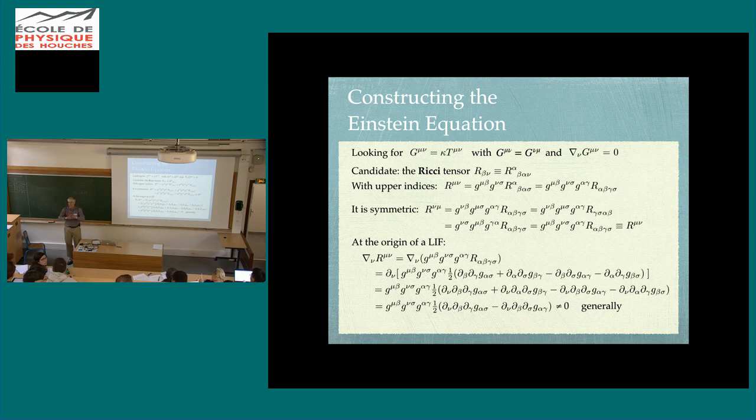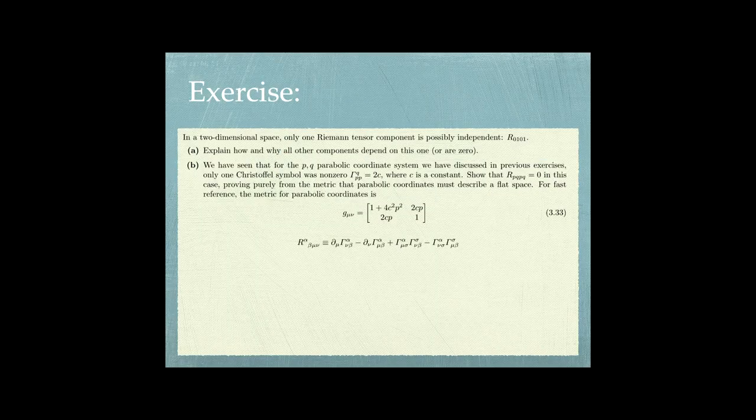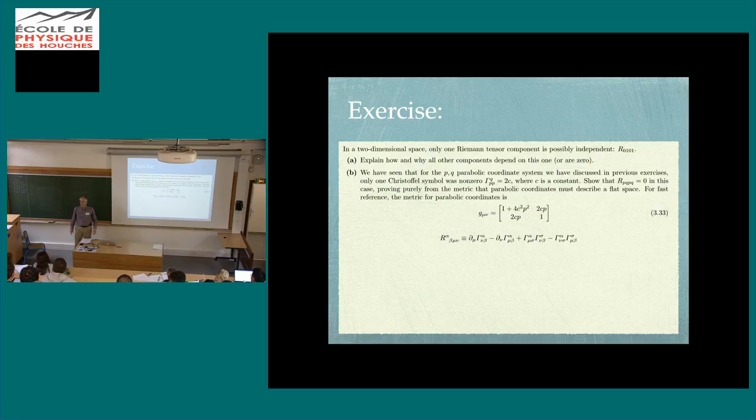So say I have a truly flat space-time. I can choose any coordinate system I want for the flat space-time, like the one I did, this horrible parabolic coordinate. If I evaluate the Riemann tensor in those horrible coordinates, then it will become 0, and it'll be 0 everywhere. And that's the indication that the space-time behind the coordinate system is truly flat.